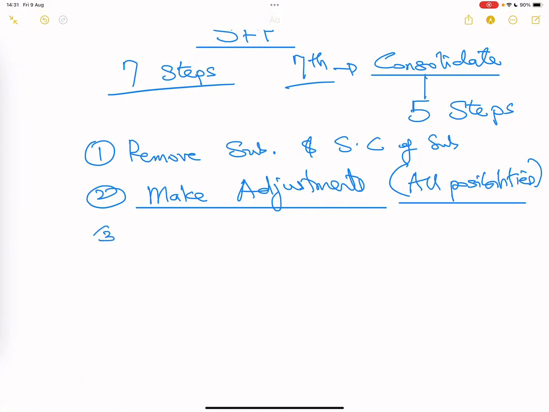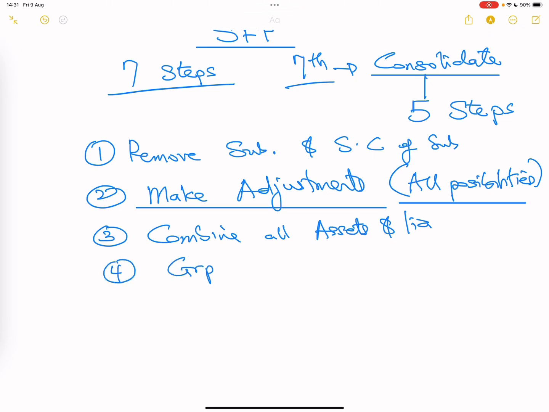After making adjustment, you're supposed to now combine all assets and liabilities. Then the 4th one is to calculate the group retained earnings, and the last step is to calculate the closing NCI. Right. These are the 5 basic steps to your consolidation.